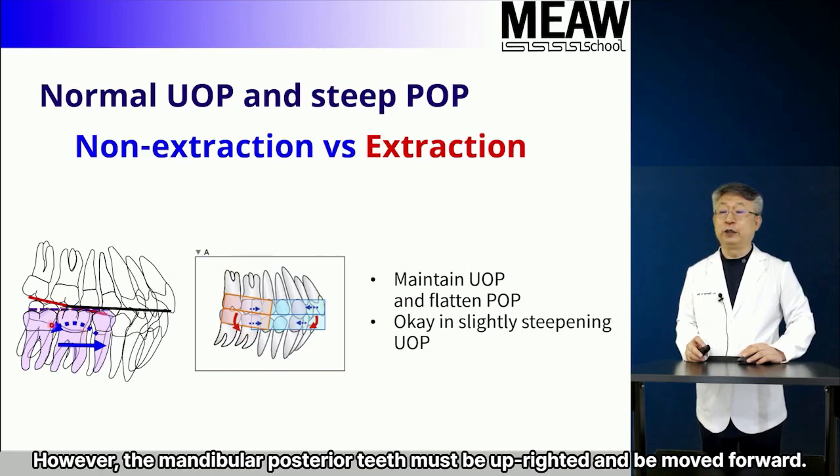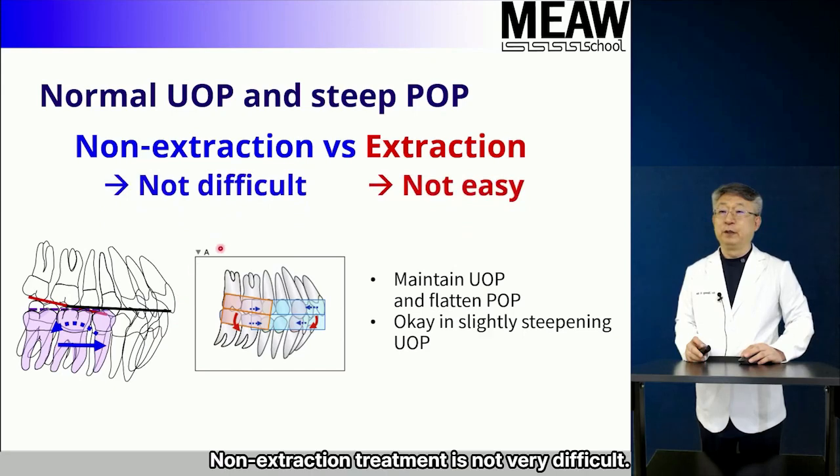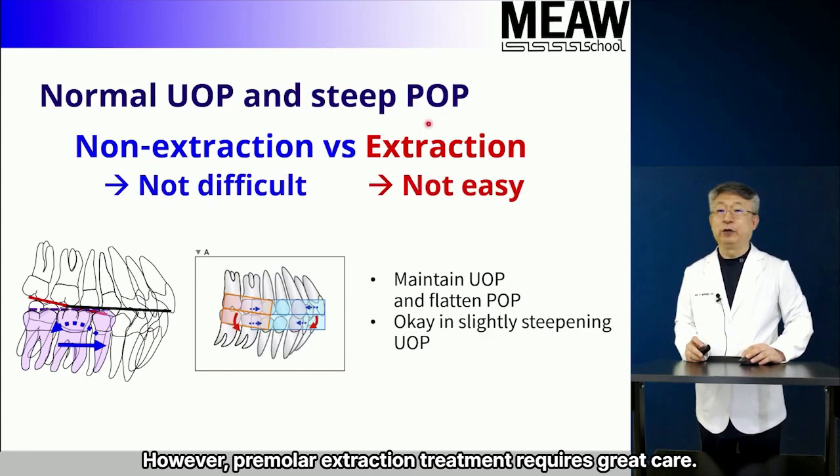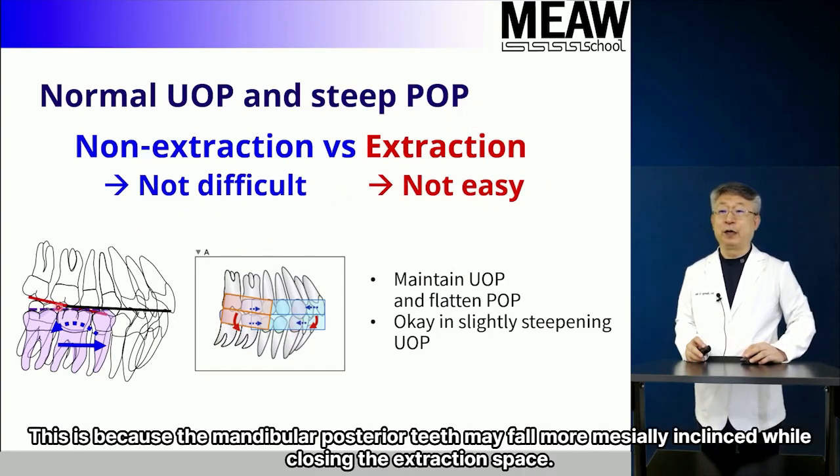However, the mandibular posterior teeth must be uprighted and be moved forward. Non-extraction treatment is not very difficult. However, premolar extraction treatment requires great care. This is because the mandibular posterior teeth may fall more mesially inclined while closing the extraction space.